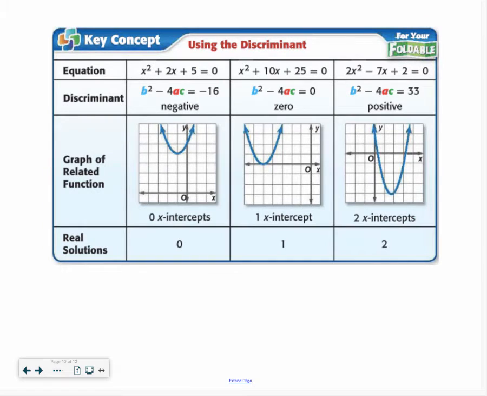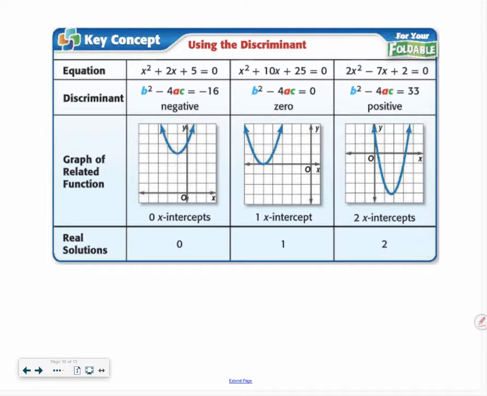Okay, so we're going to talk about the discriminant now. The discriminant is used to tell you how many solutions you should get. All of the quadratic formulas that we just did, we got 2 answers for each of them, and those 2 answers tell us where it crosses the x-axis.